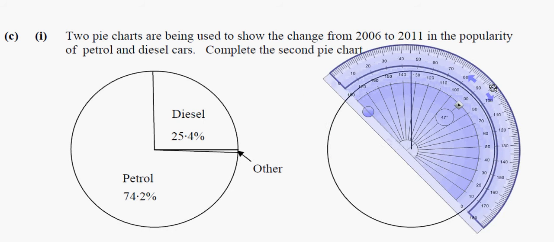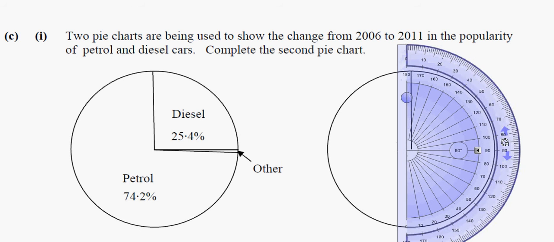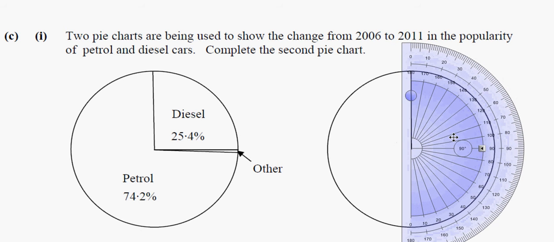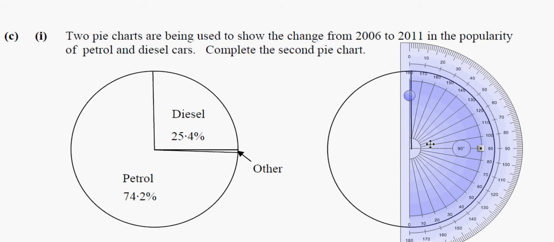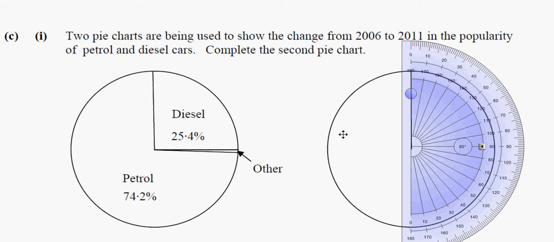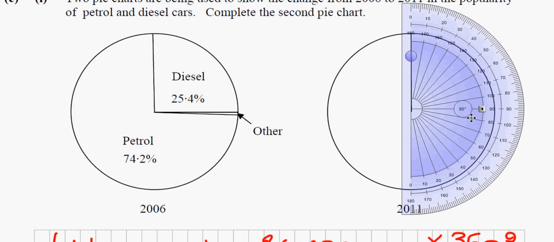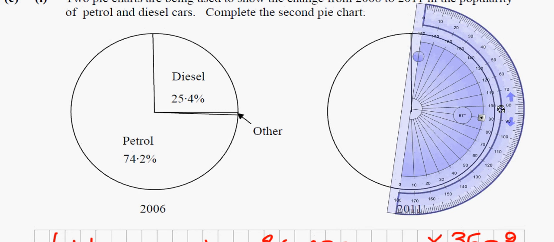Okay, so the first thing we need to do is we need to find about 90 degrees. So this is 90 degrees from the starting off point up here. Okay, so I'm looking to find 96 degrees. So I'm just going to turn this around until I get 96 degrees like so.